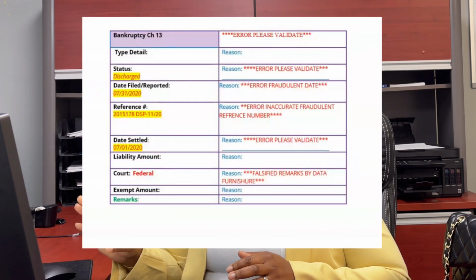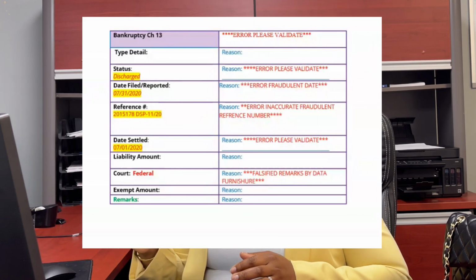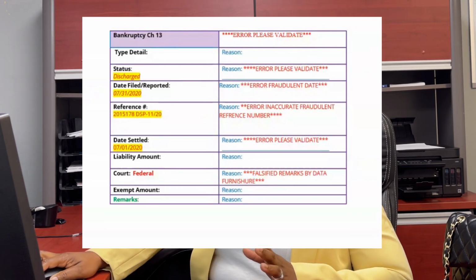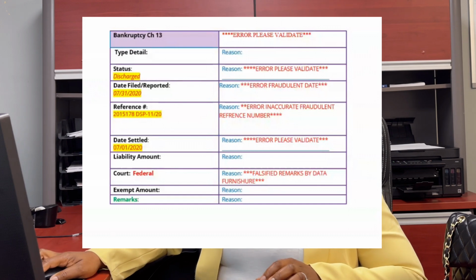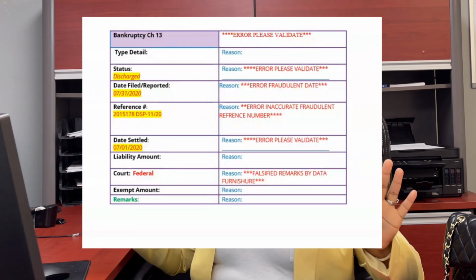So here on this grid is where I go in to specify exactly what it is I'm disputing and why. Okay, so here where it says bankruptcy chapter 13, my dispute reason for this is going to be here, and it simply says error, please validate this, because that's the first thing that I want them to do.